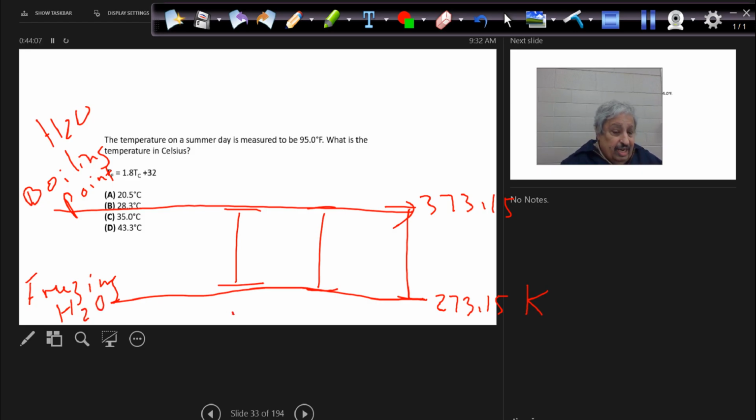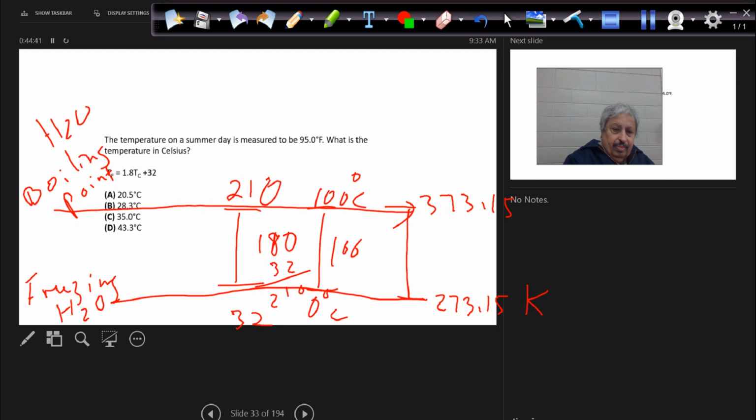The Fahrenheit will start with 32, correct? It will end up at 212. The difference between them is 180. This is 0 degrees and 100 boiling for Celsius, and Fahrenheit 32 to 212.